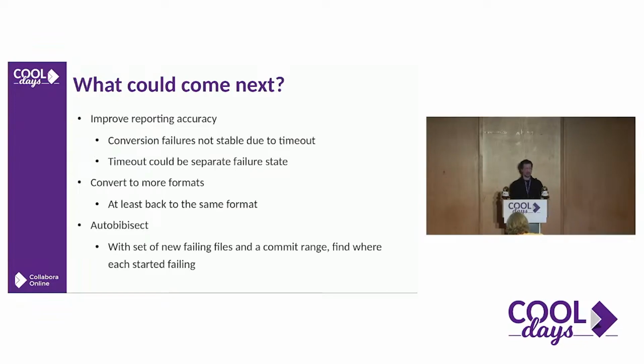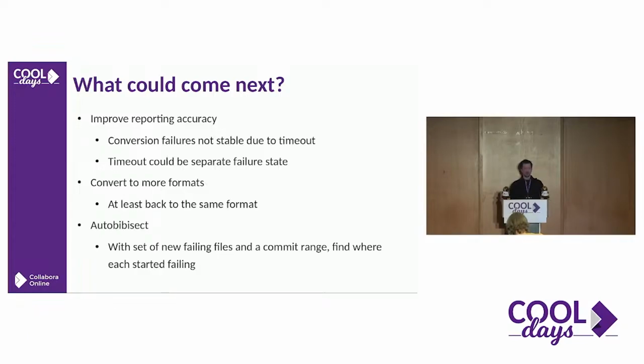Now there are some tricky situations because both the conversion and opening after conversion can time out, and that means that the results are not stable. Sometimes they're off by 1 or 2, and it just creates a bit of annoyance trying to find out whether that's something that actually started failing or got fixed, or it's just because of the flakiness.